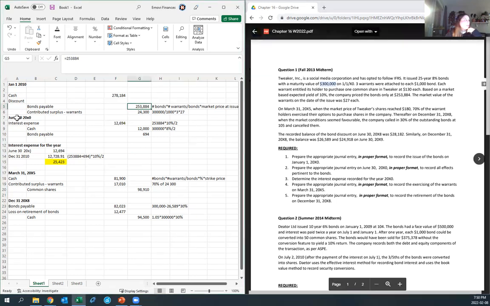So on June 30th, you increased your book value by $694. So your book value now on June 30th is your value on January 1st plus the increase on June 30th. So it's now 254,578.